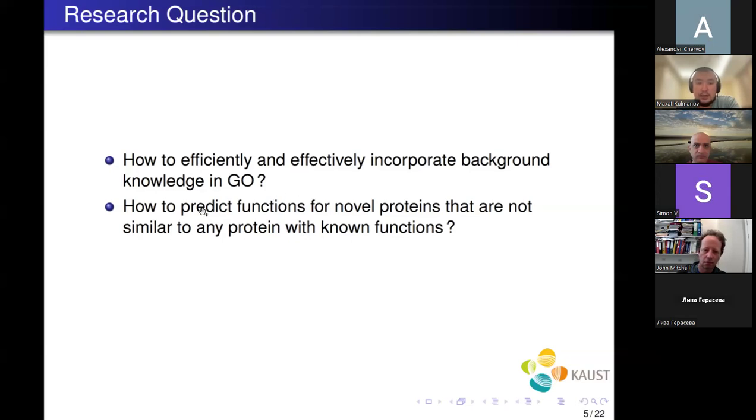And another question we addressed in the latest version was how to predict functions for uncharacterized proteins. If we look at many of the function prediction methods, they work very well for the well-studied proteins.